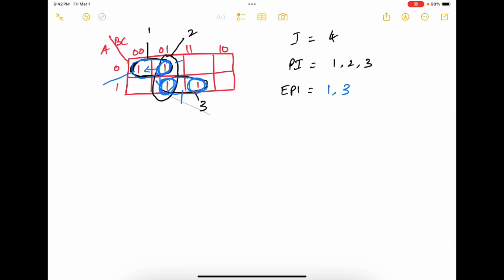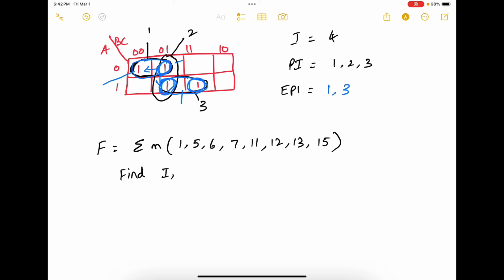Let's take one more example. Here you're given that f is the summation of min terms 1, 5, 6, 7, 11, 12, 13, 15, and you're asked to find the number of implicants, the list of prime implicants, and the list of essential prime implicants.